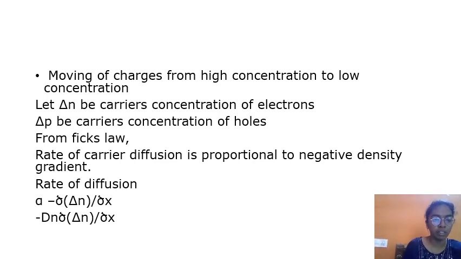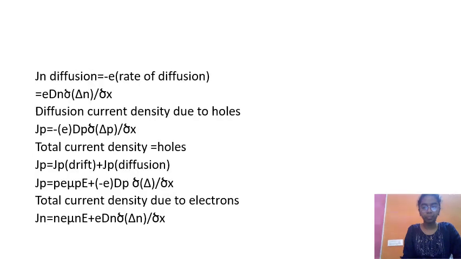Rate of diffusion ∝ −∂(Δn)/∂x, that is equal to −Dn ∂(Δn)/∂x. And now Jn diffusion is equal to −e times the rate of diffusion, that is equal to e Dn ∂(Δn)/∂x.